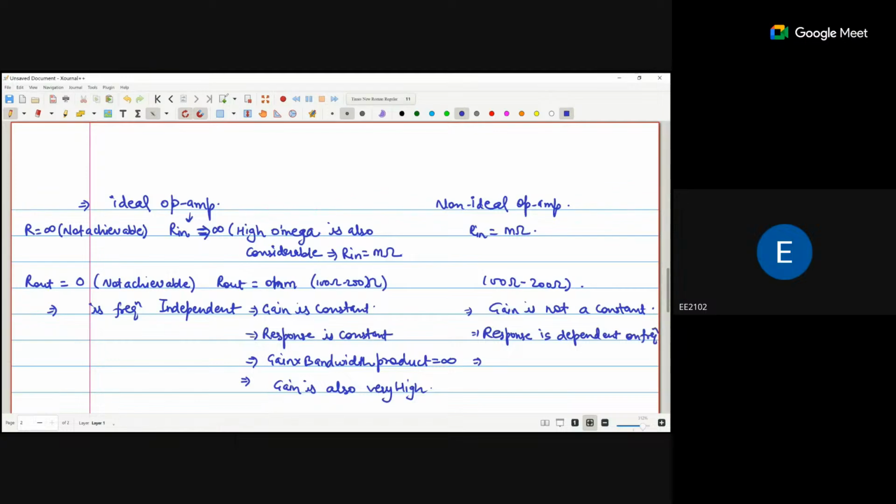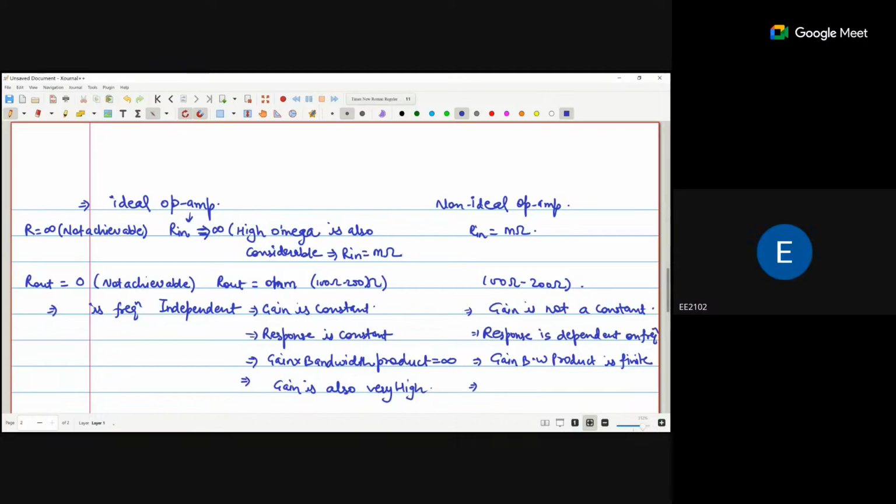The gain bandwidth product is finite, and gain depends on the type of operational amplifier you are using.